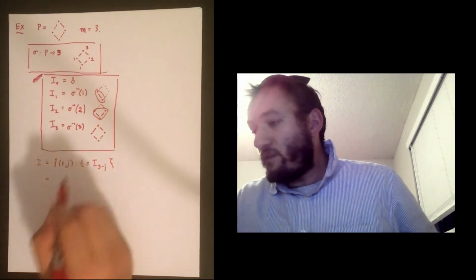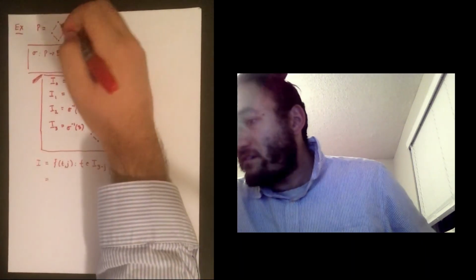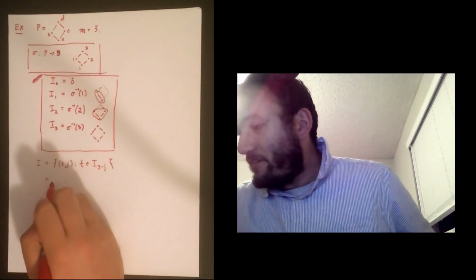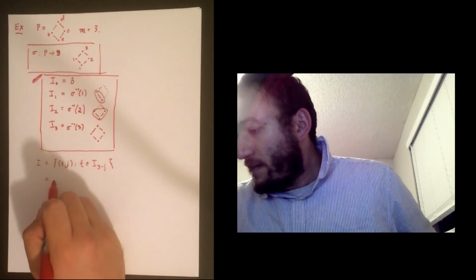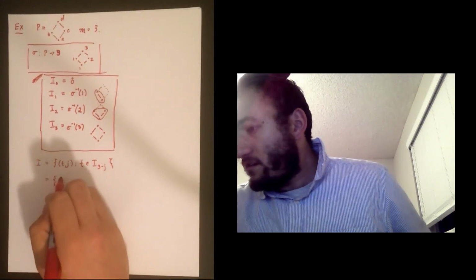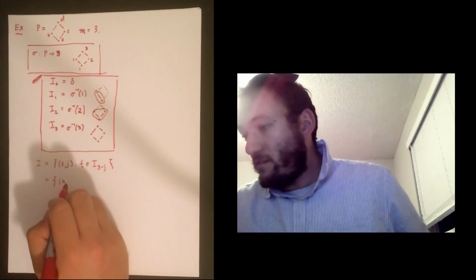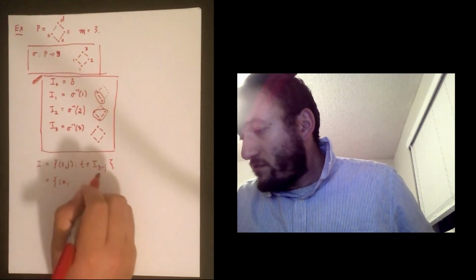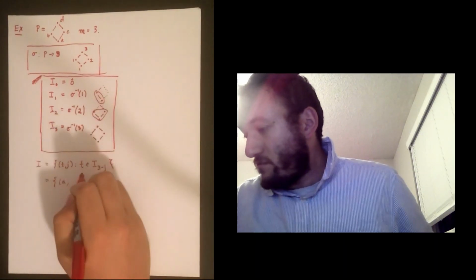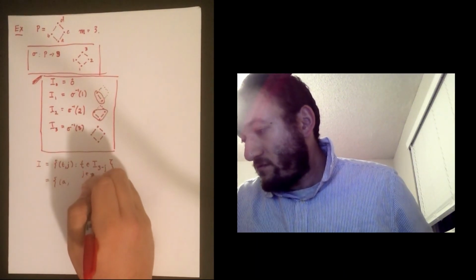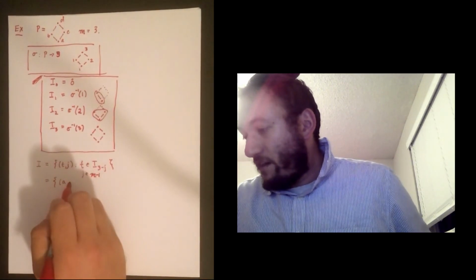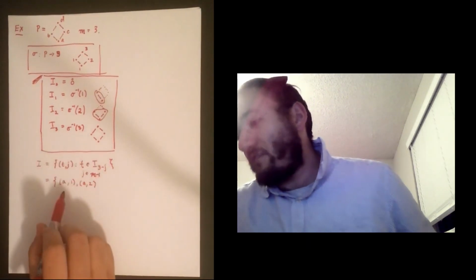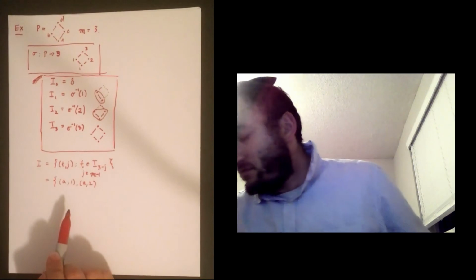So if we label the elements of this poset A, B, C, D, then A is in I1, I2, and I3, and this is j in M minus 1, so we'll have A1 and A2. You don't have A0 because 0 is not in this chain.